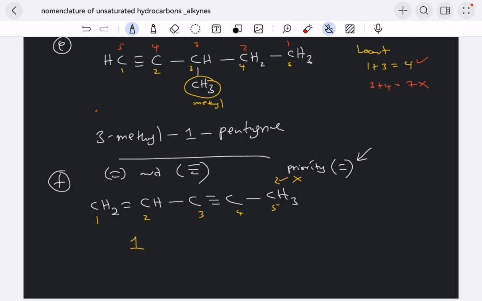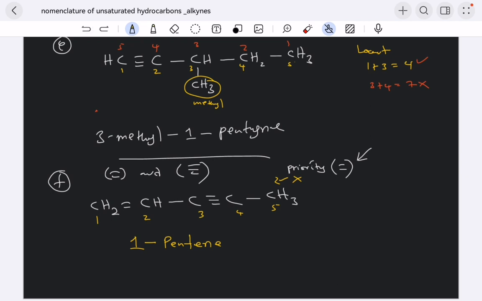So we recognize the position of a double bond. What is the longest chain? The longest chain is pentene, 5. We don't complete it as we write, we just say pentene without putting the E at the end.